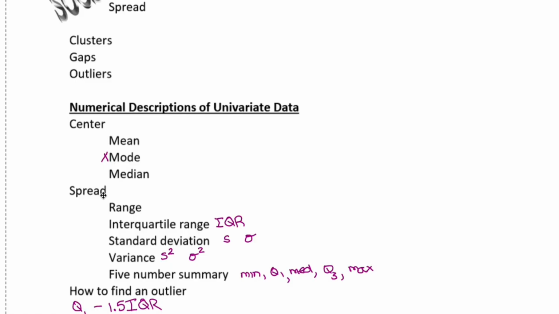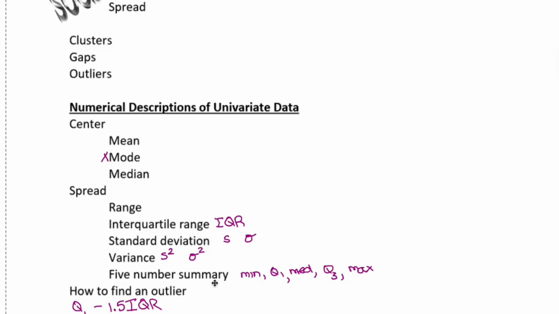And for spread, there are also a couple key terms: range, interquartile range, also known as IQR, and the standard deviation. Remember, for population and sample, they have different variables or symbols. For variance, it also has 2 symbols: s-squared and sigma-squared.